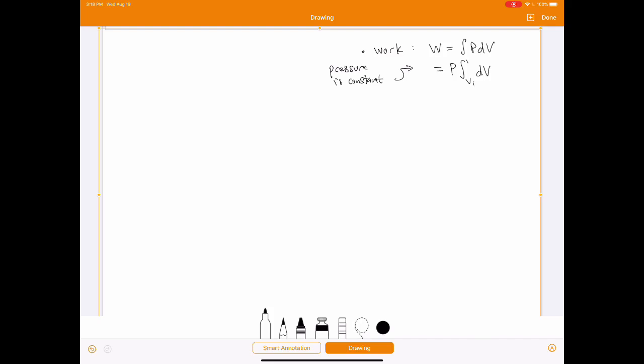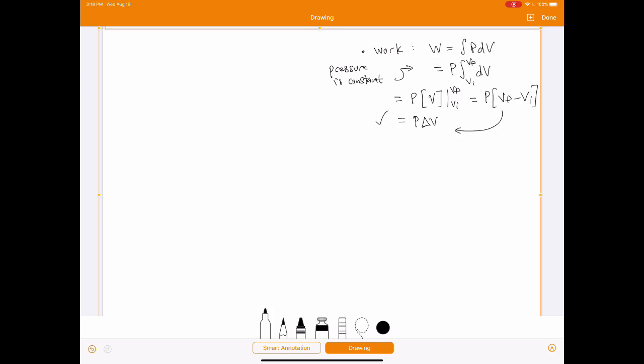We go from V initial to V final, whatever those two volumes happen to be. When we integrate dV, we just get V, evaluated from V initial to V final. So what we'll have is P times V final minus V initial. A more compact way of writing that is P times delta V, because V final minus V initial is just delta V, the change in volume. So as long as we have constant pressure, that's how we express the work.